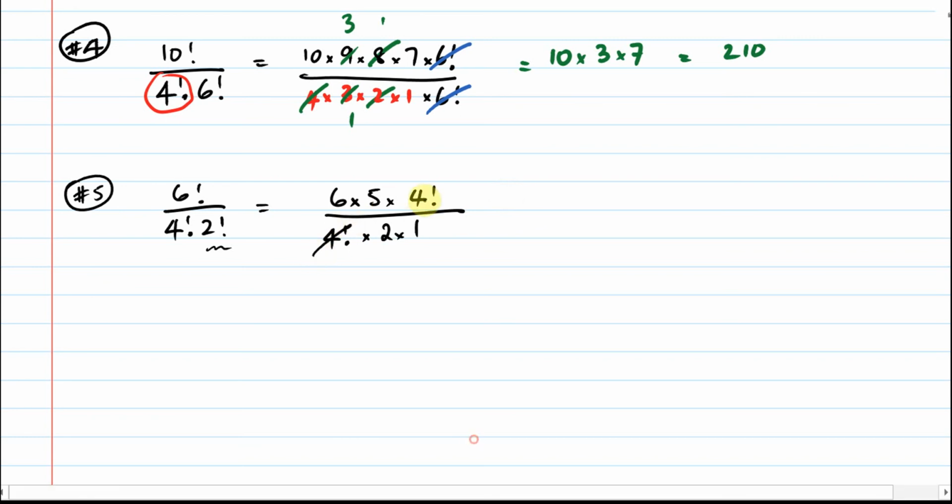Canceling, the 4 factorials cancel. We can continue further, and 2 into itself is 1, 2 into 6 is 3. My final answer, 3 by 5, which is 15.